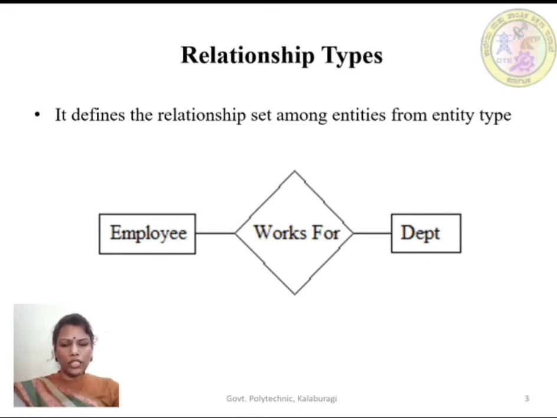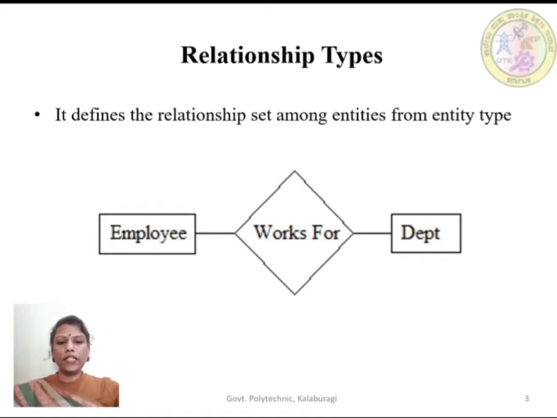This relationship type, that is works for relationship type, defines how the entities from employee entity type are related to the department entity type entities. So here works for is a relationship type which defines the relationship set among the employee entity type and also the department entity type.